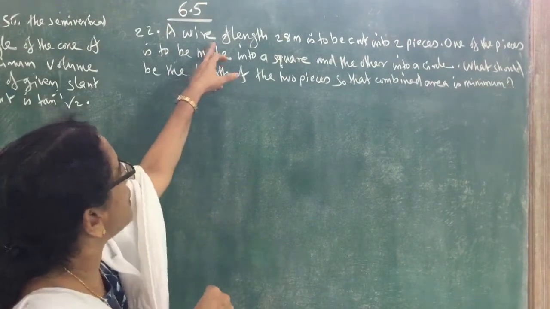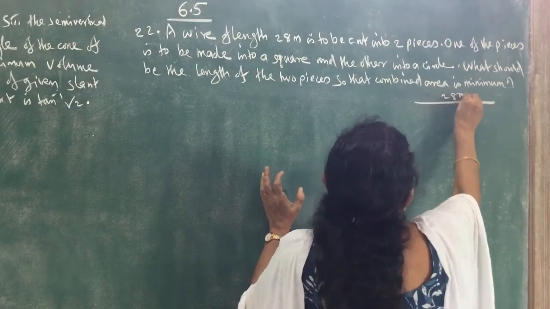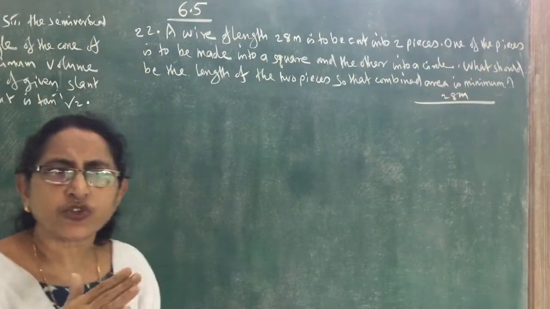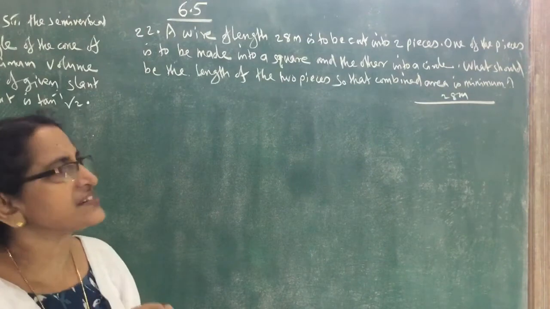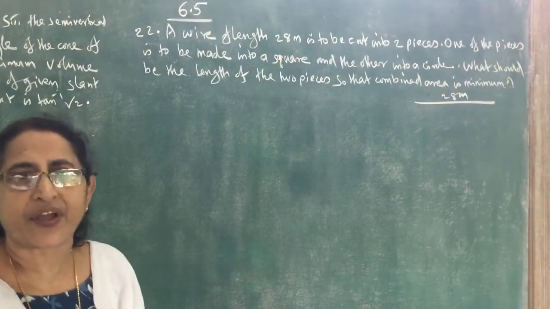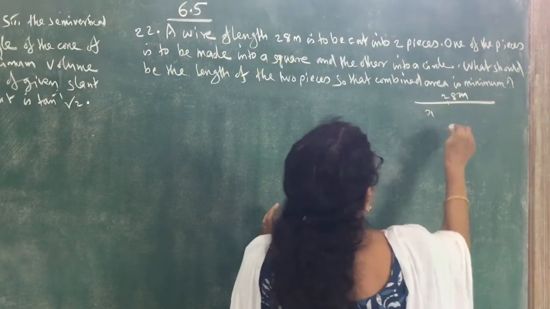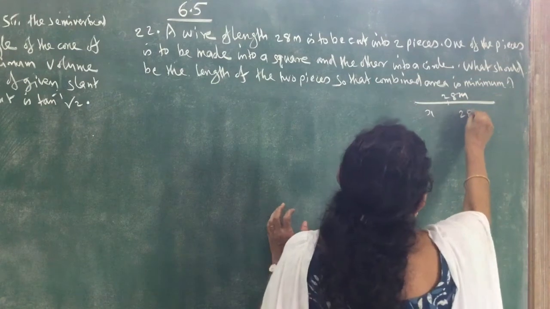Given a wire of length 28 meter, that is to be cut into two pieces, and one piece is used to make a circle and the other piece is used to make a square. So we can consider the length of one piece be x and the other piece be 28 minus x.